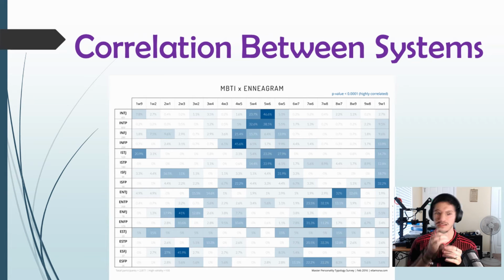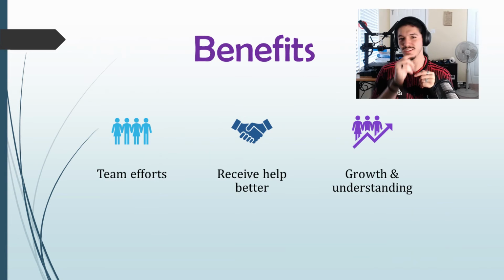And moving to the benefits, this is obviously very beneficial in terms of team efforts, because let's say you want to get a group project done, right? And you're going to need someone who understands everything very well.